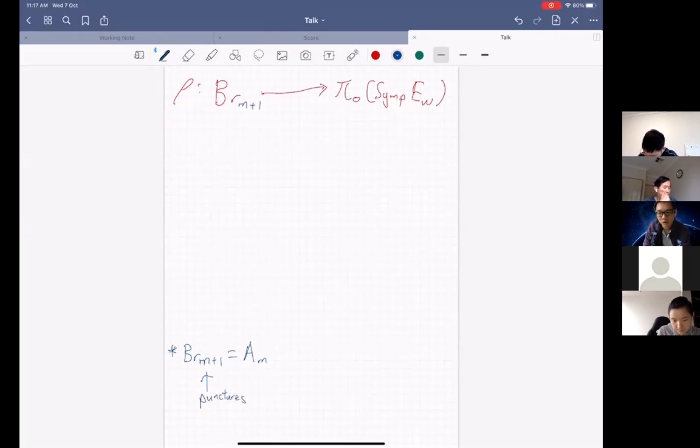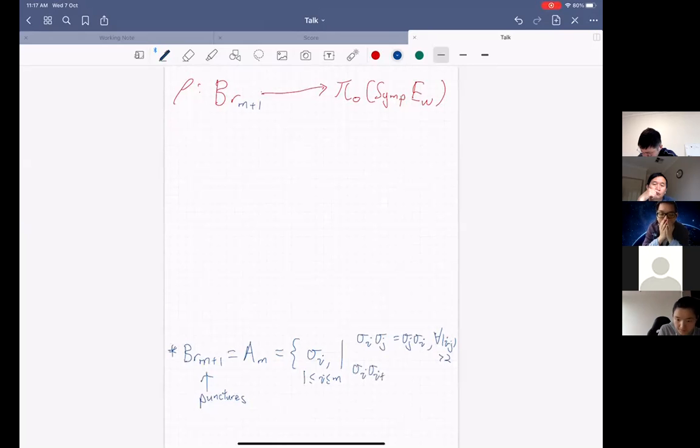And then the braid group relation is: sigma I, where I goes from 1 to M, such that sigma I sigma j equals sigma j sigma I for every |I minus j| greater than or equal to 2, and sigma I, sigma I plus 1, sigma I equals sigma I plus 1, sigma I, sigma I plus 1.